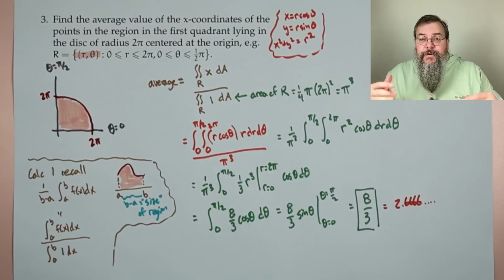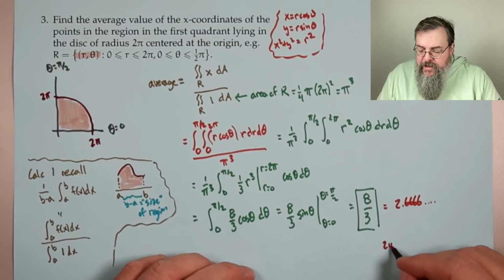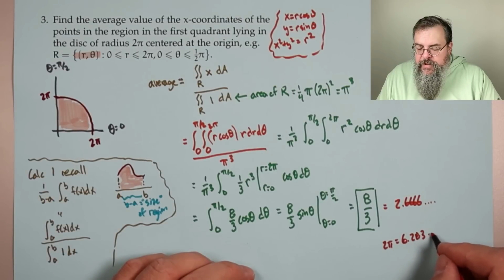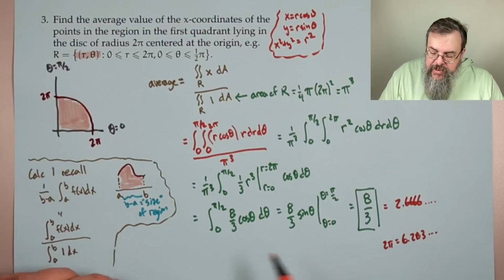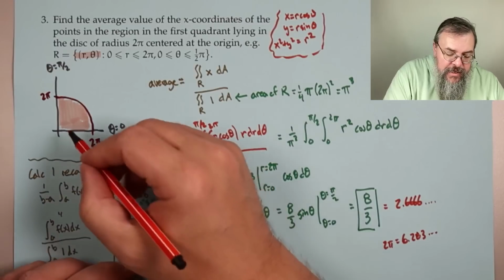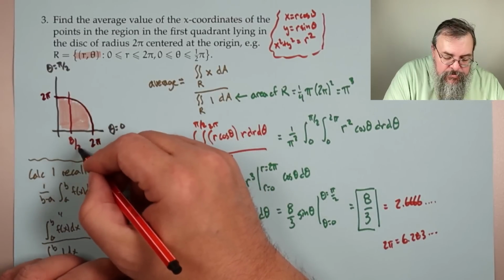Well, pi is 3.1415, so 2 pi is 6.283, something. So that says, where does 2.66 lie in relationship to 2 pi? It's a little bit less than half, so it's roughly right here.